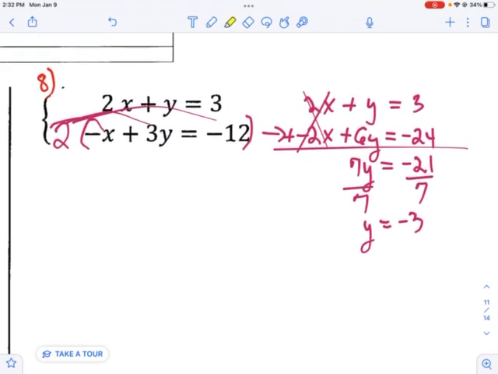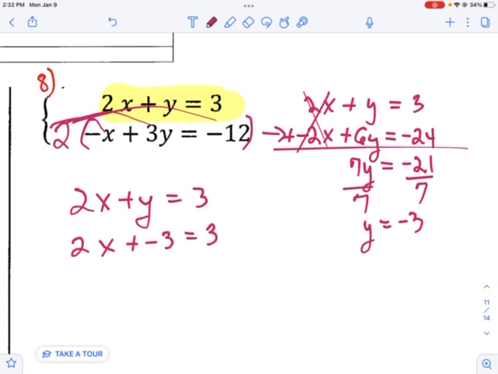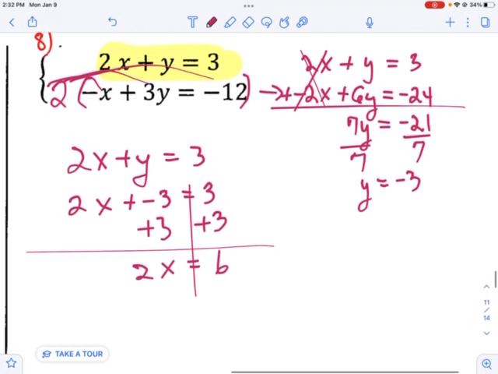So I have 2x plus y is equal to 3. 2x plus negative 3 is equal to 3. So I just substituted that. I'll add 3. 2x equals 6. And x equals 3. So my solution is 3, negative 3.